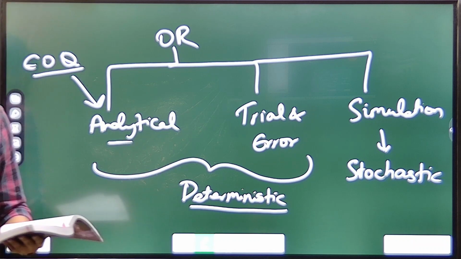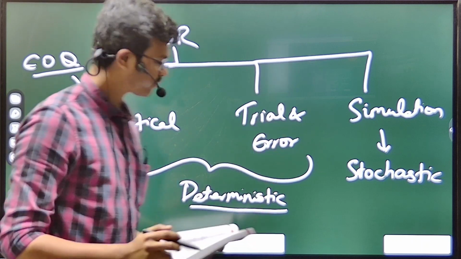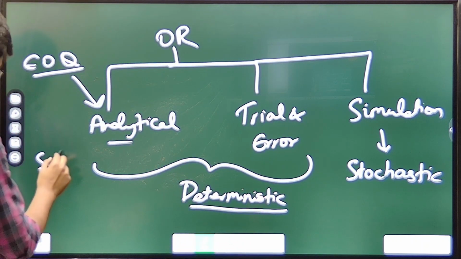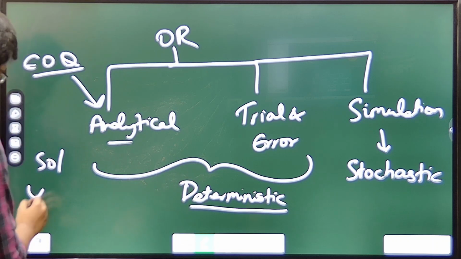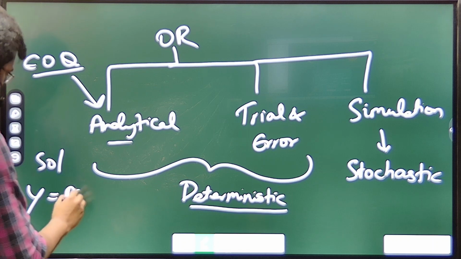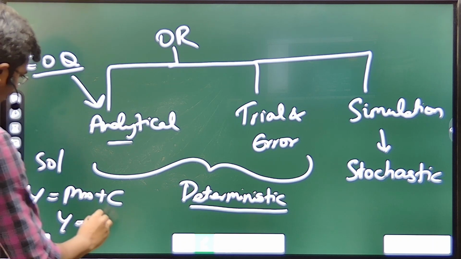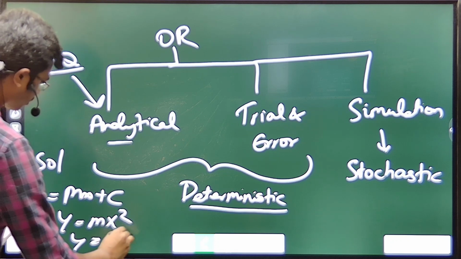Now what is an analytical method? You are trying to make a model of your problem statement, and there is a solution which comes in the form of a certain equation. It may be y equal to mx plus c, a straight line, or it may be a parabola, or a hyperbola.